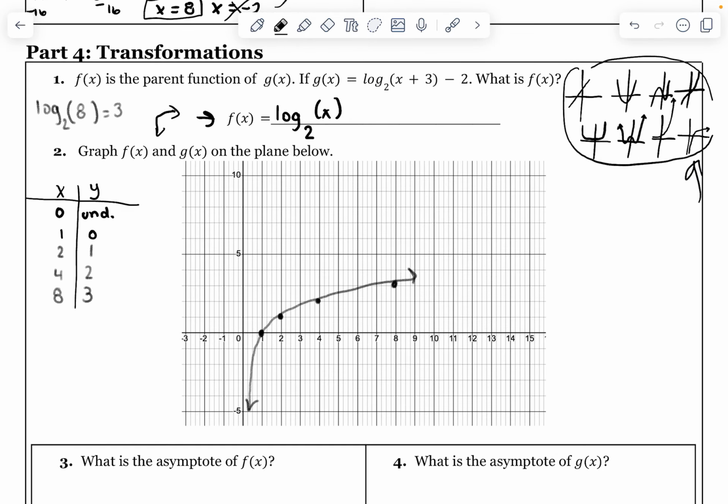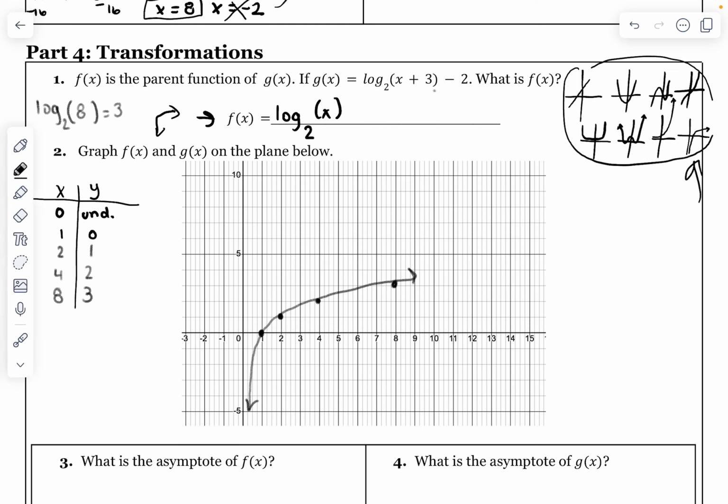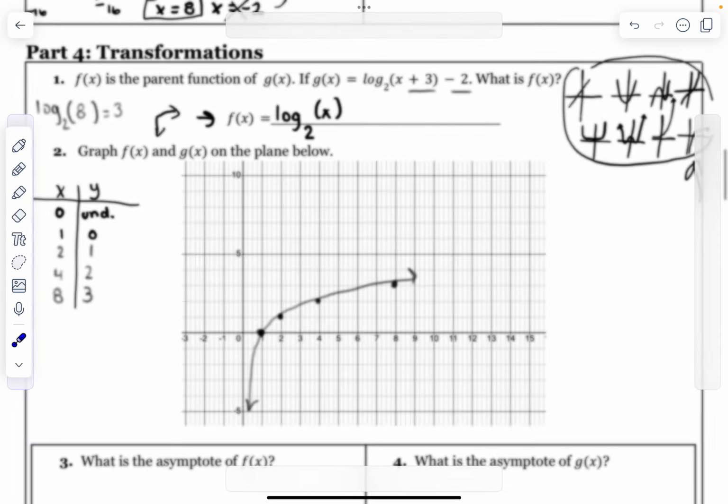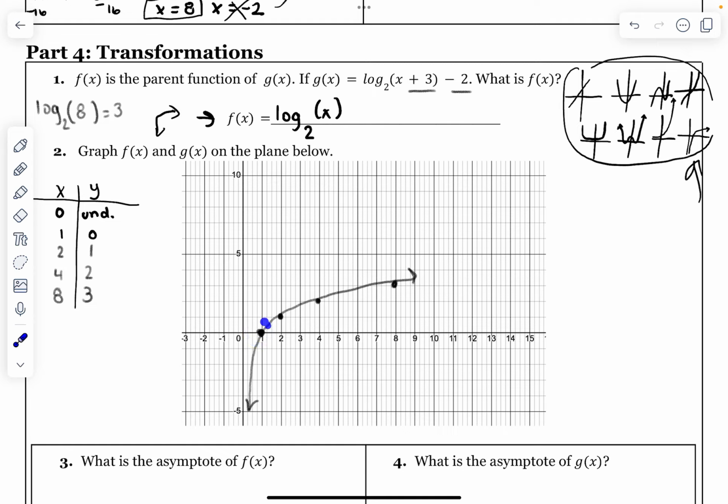Okay, and then we can just count each of the puntitos and look at how the transformations affect them. If it's plus 3 inside the parentheses, we're actually going to be moving to the left. So we're going to take this puntito and move it 1, 2, 3 to the left, and 2 down.